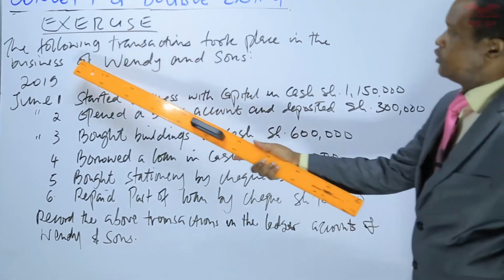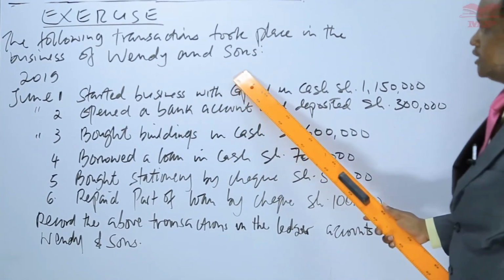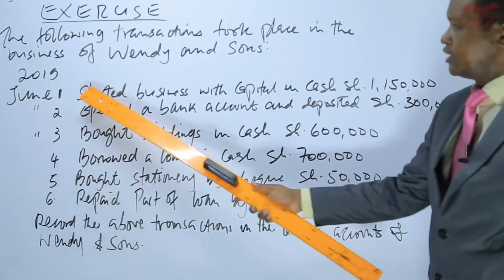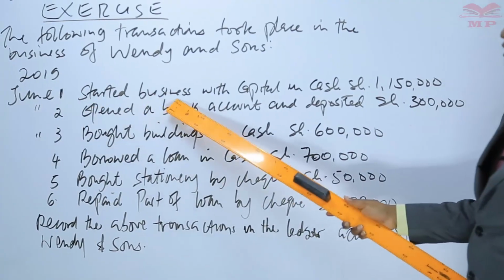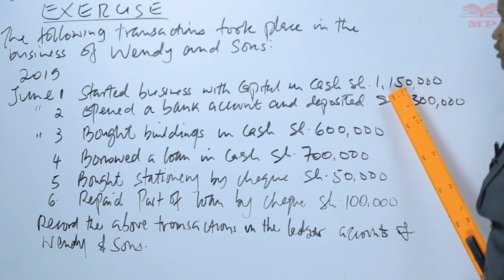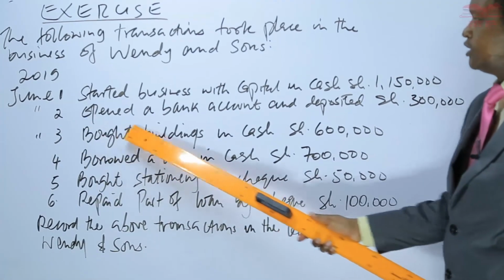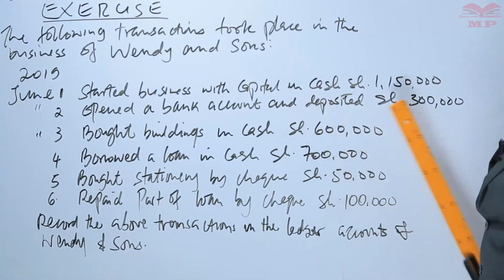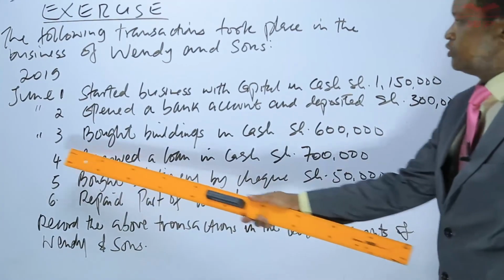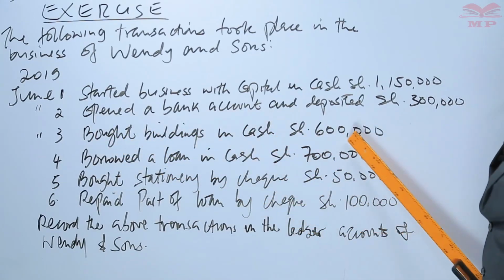It says the following transactions took place in the business of Wendy and Sons. On July 1st, started business with capital in cash of 1,150,000 shillings. On June 2nd, opened a bank account and deposited 300,000 shillings. On June 3rd, bought building in cash 600,000 shillings.